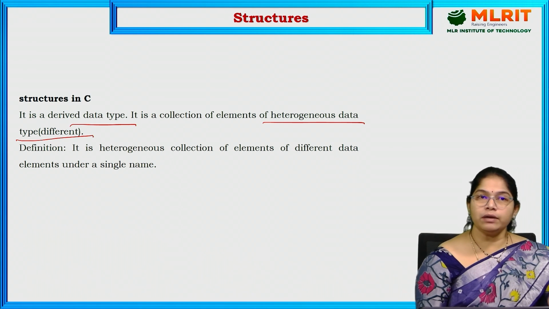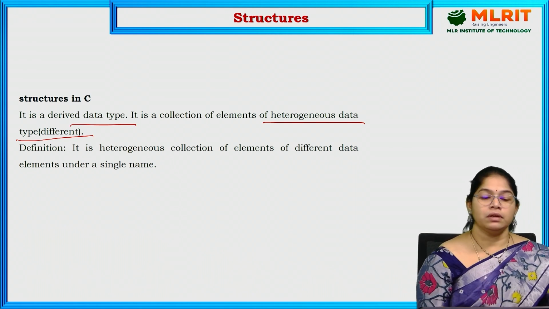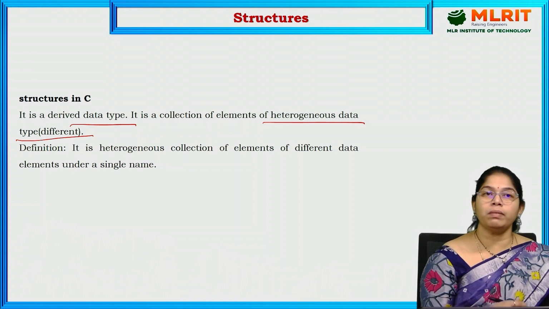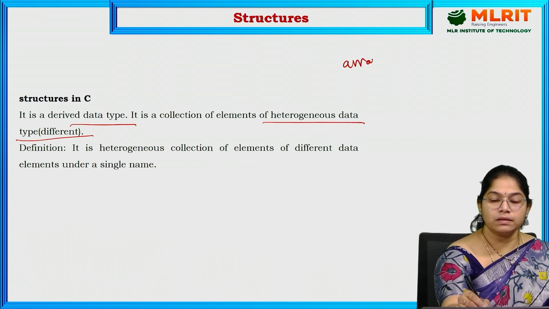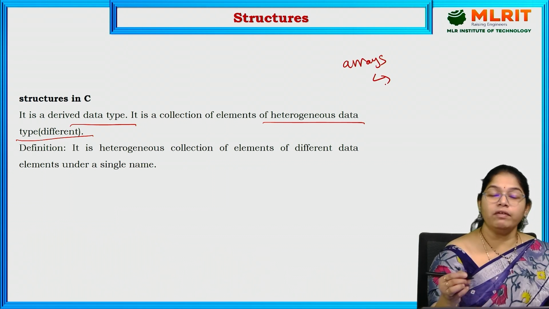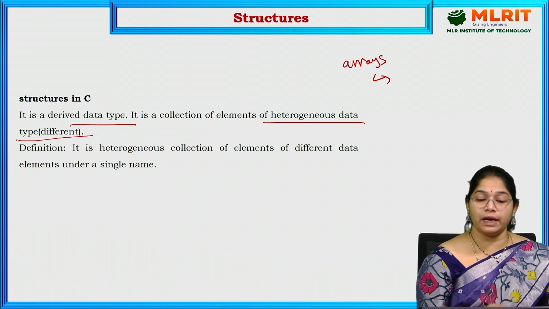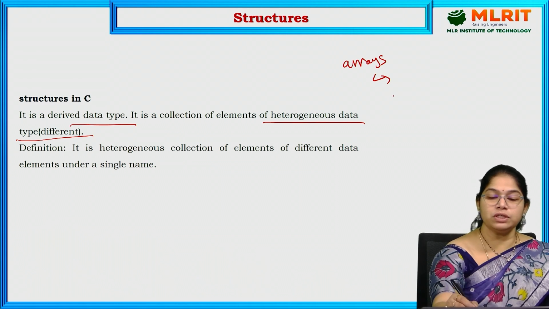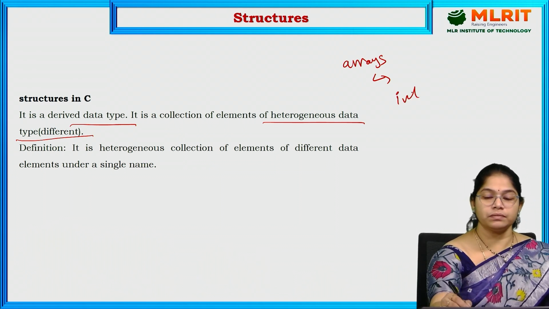Heterogeneous data type means if I want to store different values of different data types, then we use structures in C. If I want to store multiple values, we already have arrays. An array has the property that it can store multiple values of the same type. Suppose I want to store the marks of 60 students, all the marks are of type integer.